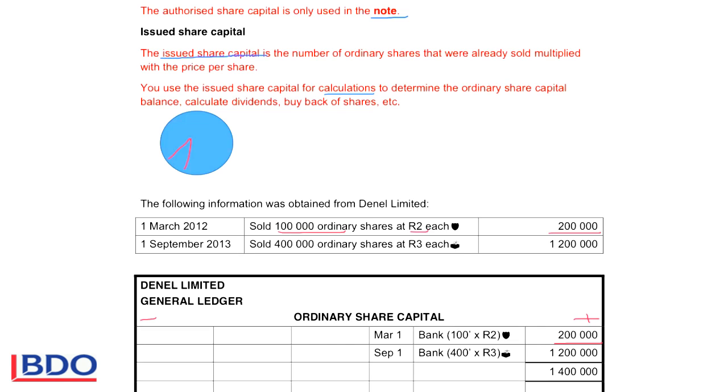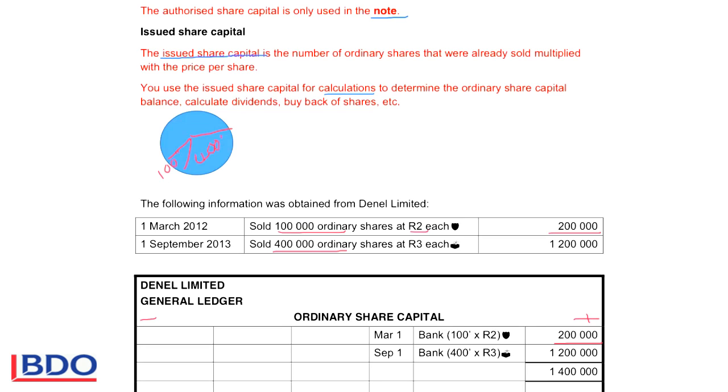to sell an additional 400,000 ordinary shares. So out of this cake, they've taken 400,000 shares. So the first lot that they sold was 100,000. Now they are selling 400,000.